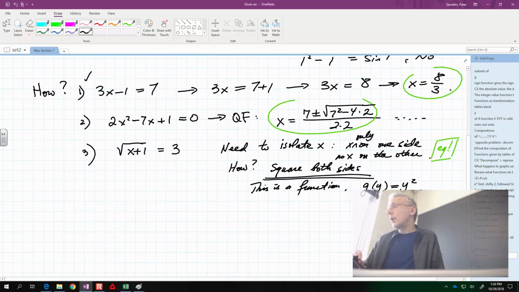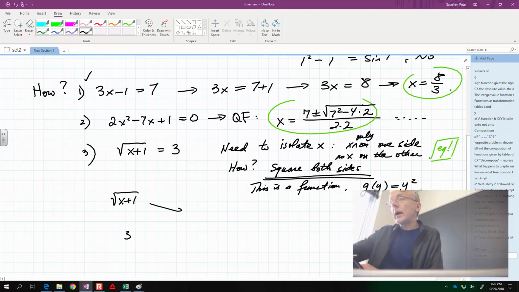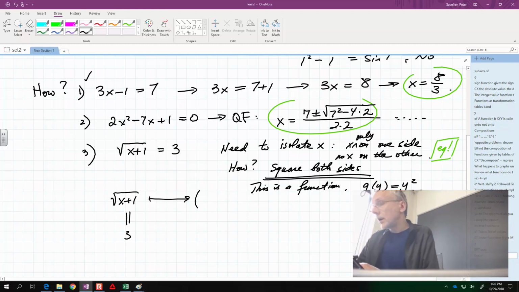Okay, so square both sides. What does it mean? Let's think in terms of functions again. We have two values that we want to be equal to each other, so we assume that they are, and then we apply a function to both sides. I have the square root of x plus 1 here, and I have 3 there, and they are equal to each other. Then I apply a new function: I have the square root of x plus 1, squared, and I have 3 squared.